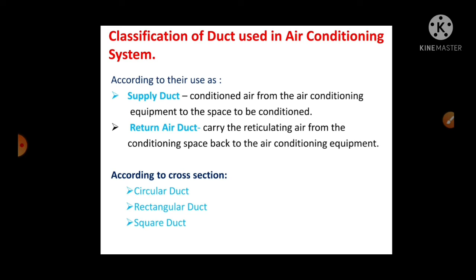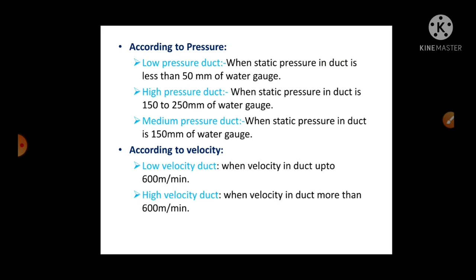Return air duct carries the recirculating air from the conditioned space back to the air conditioning equipment. According to cross section of the ducts, ducts are classified into three groups: circular duct, rectangular duct, and square duct. According to pressure: low pressure duct, high pressure duct, and medium pressure duct.